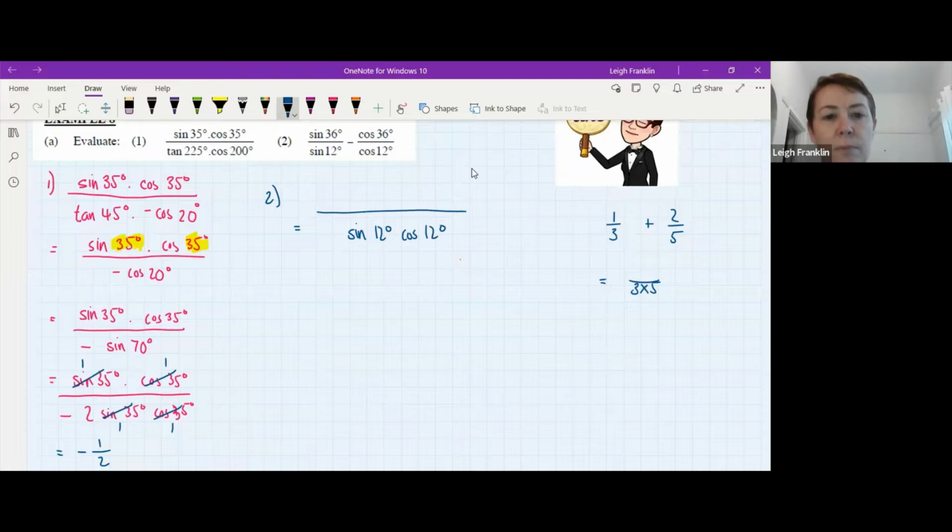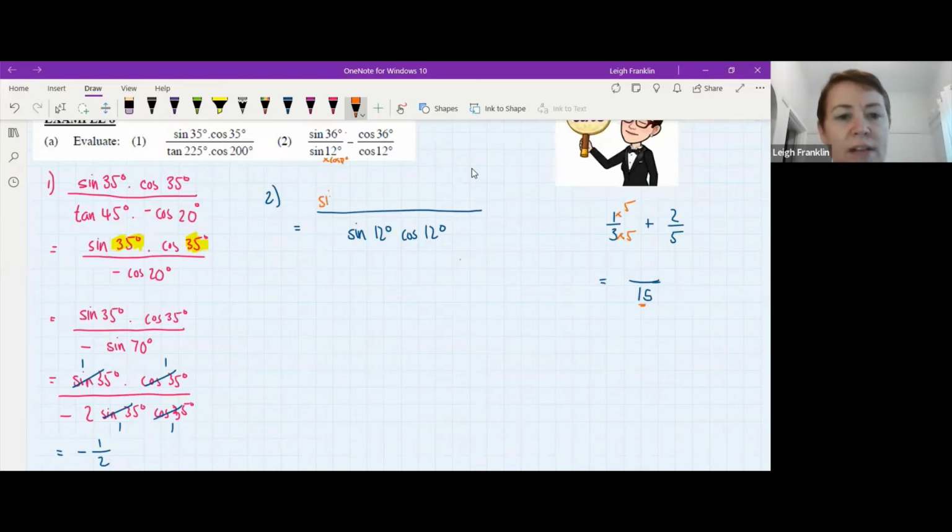All right. So just like over here, where my LCD would now be 15, what I did here is I times that by 5 to get 15. So I have to do the same thing to the numerator, don't I? Same story here. At the bottom, I times this by cos 12, so I have to times the top by cos 12 as well.